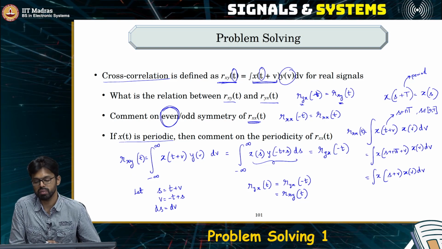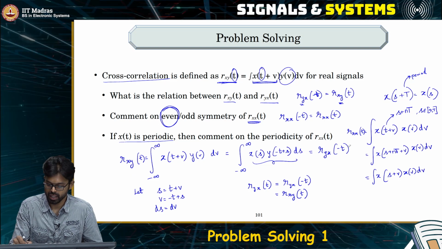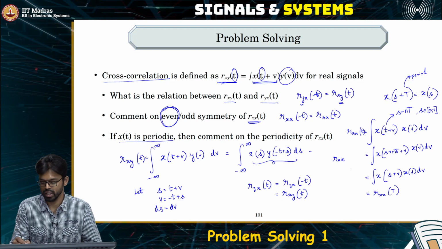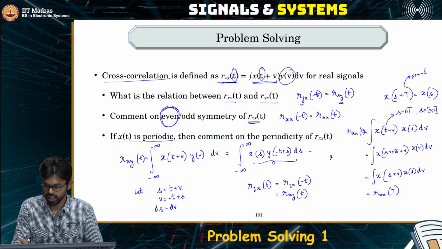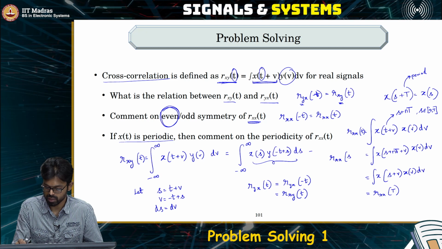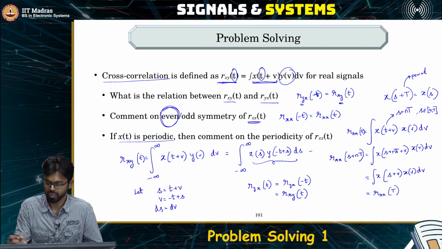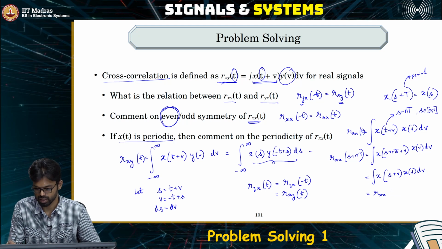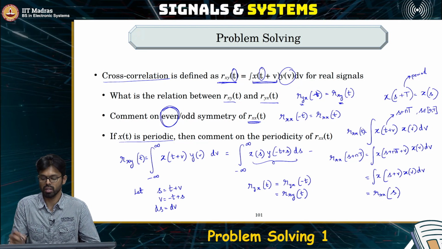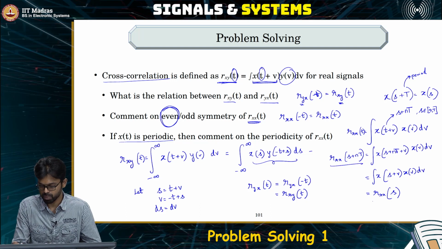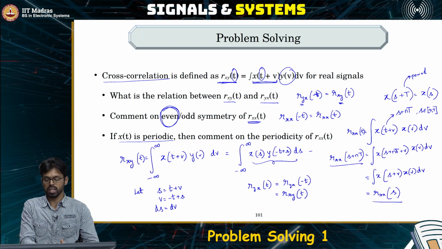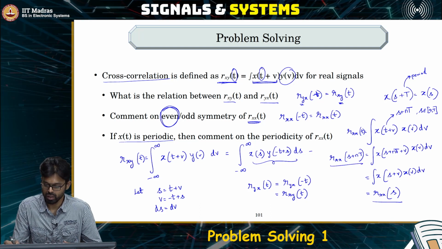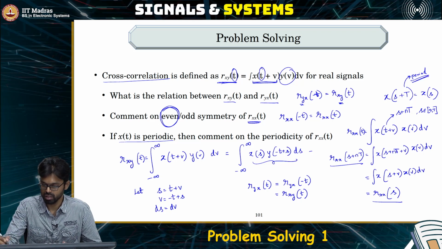So, what are we saying here? We are saying Rxx of s plus nT is equal to Rxx of s. In other words, we just proved that the autocorrelation is also periodic with period T.